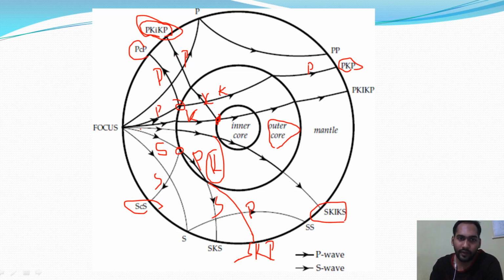Similarly, when an S wave travels, it is not in this diagram, but there is another diagram I will show you.